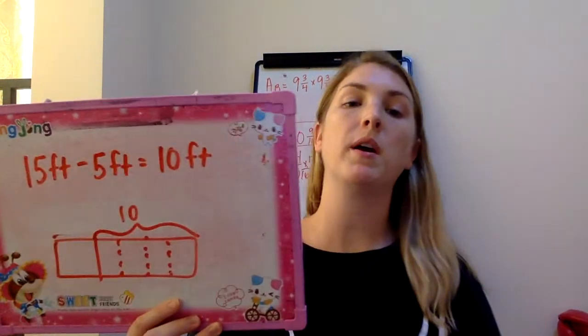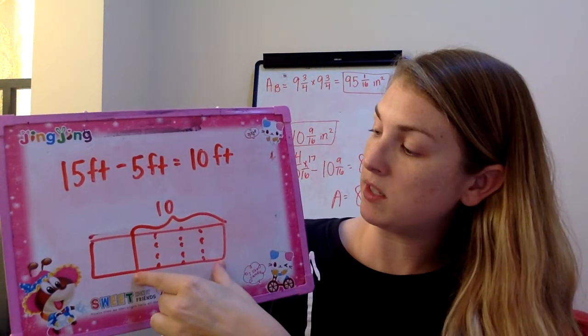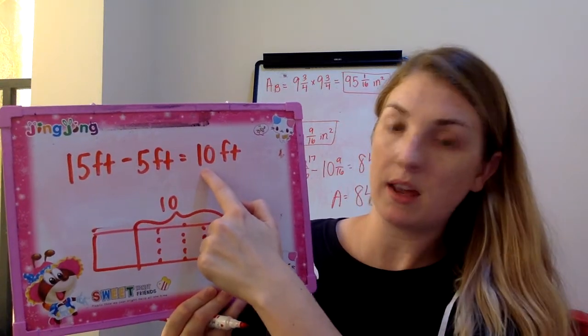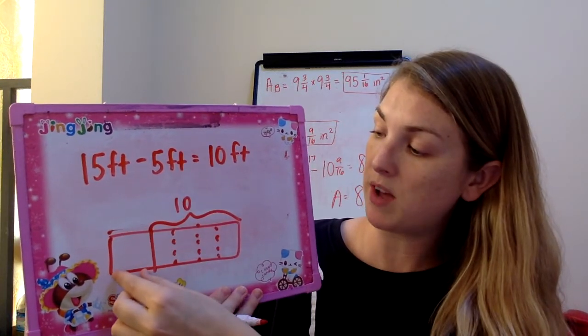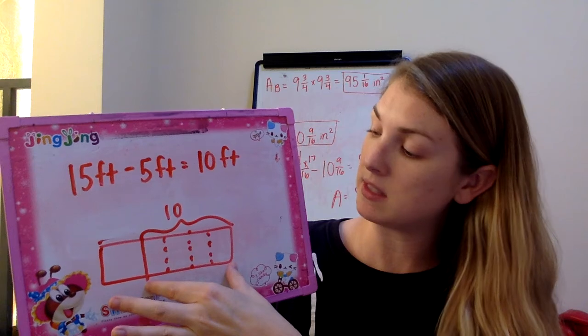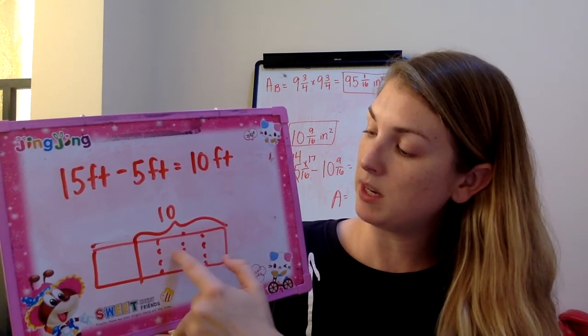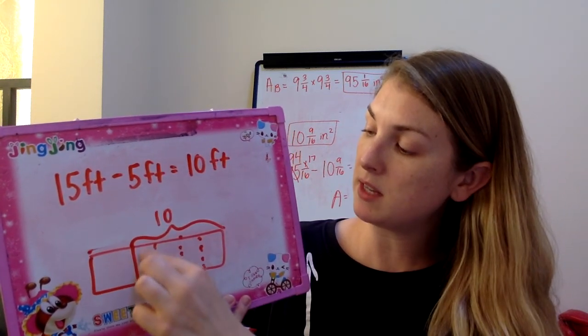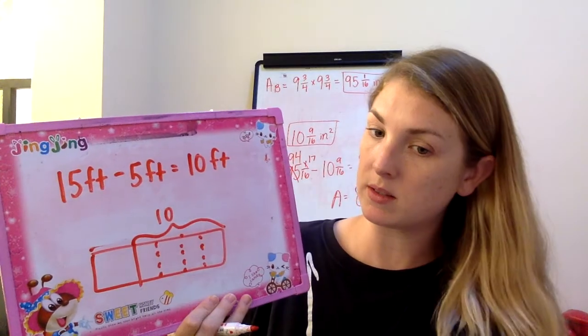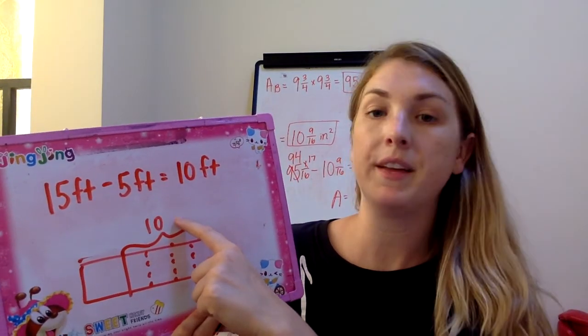All right, this part over here represents the short sets. I just found out that this represents 10 feet because this was 5 feet. The whole thing was 15 feet. This is 10 feet. To find out what each of these is, this is one of 4 parts. So it's 1/4 of 10.